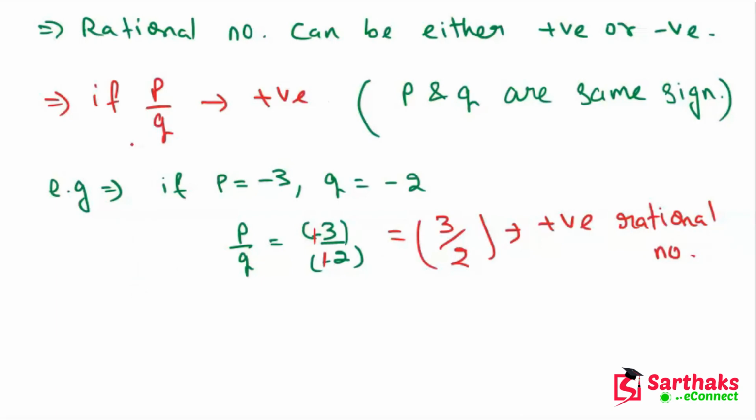Now if we talk about a negative rational number, let's suppose P upon Q is negative.